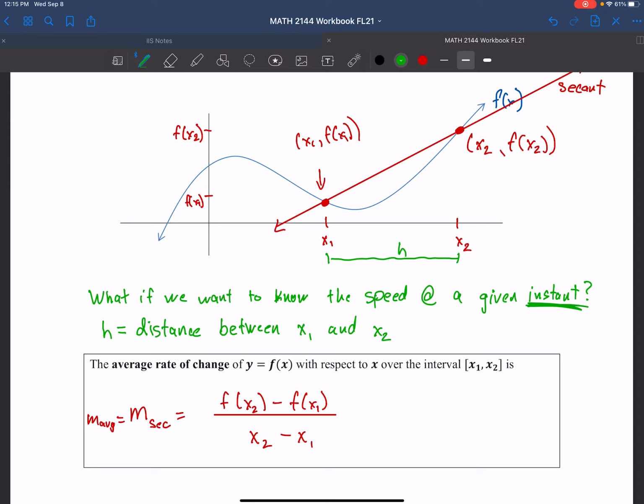So what are we going to do with this distance between these 2 points? Let's suppose we want to know the rate of change at x1. We're going to consider points closer and closer to x1.